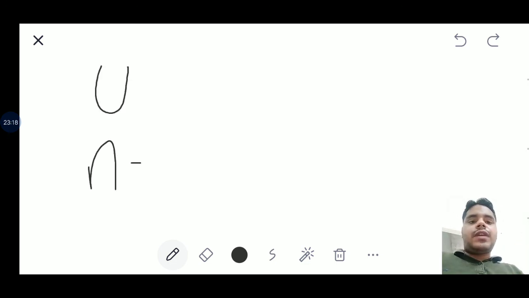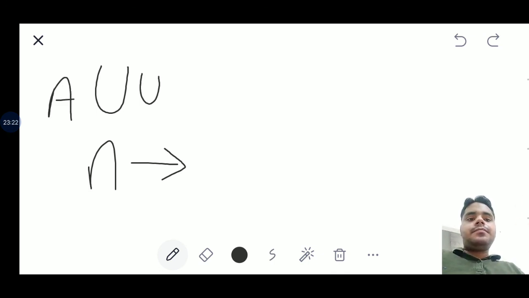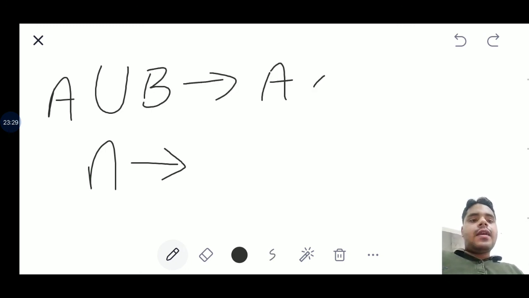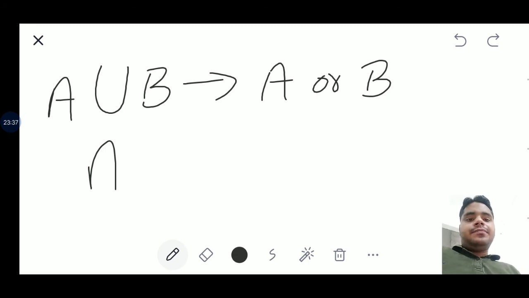What are the symbolical names? What are the names in language given to them? If I say A union B, it would be equal to A or B. In mathematics, you will find the difference between or and and.